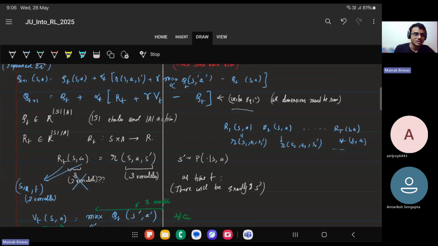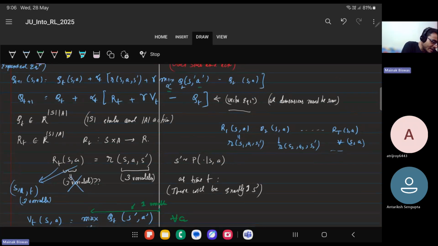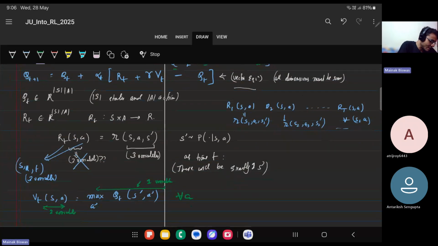Look at the equation. The max over A dash is true for all A. Yes or no? Yes, sir. So for all actions, I will put the same value. For example, say S1, A1. This is the problem. See, the indexing and the time points will be matching.